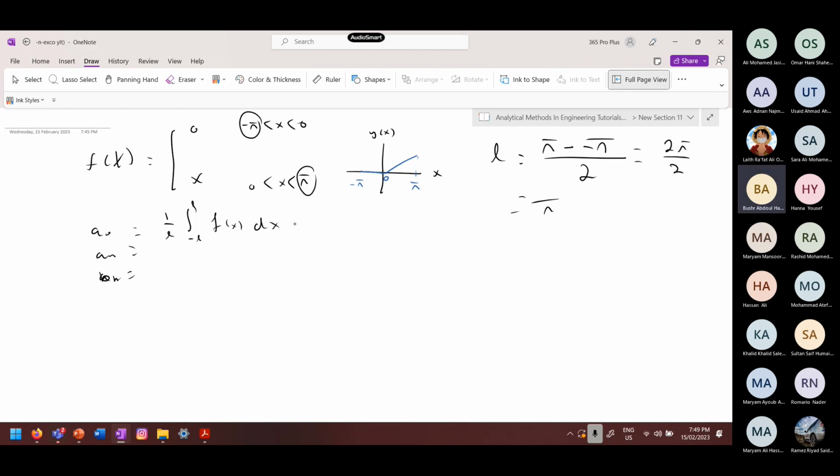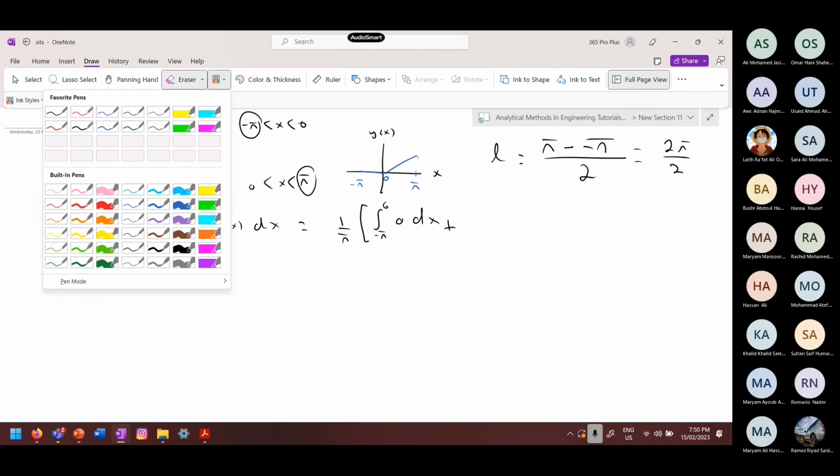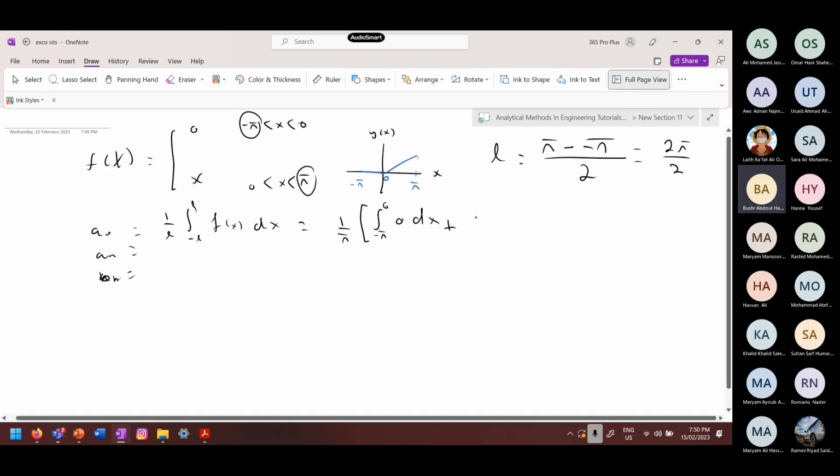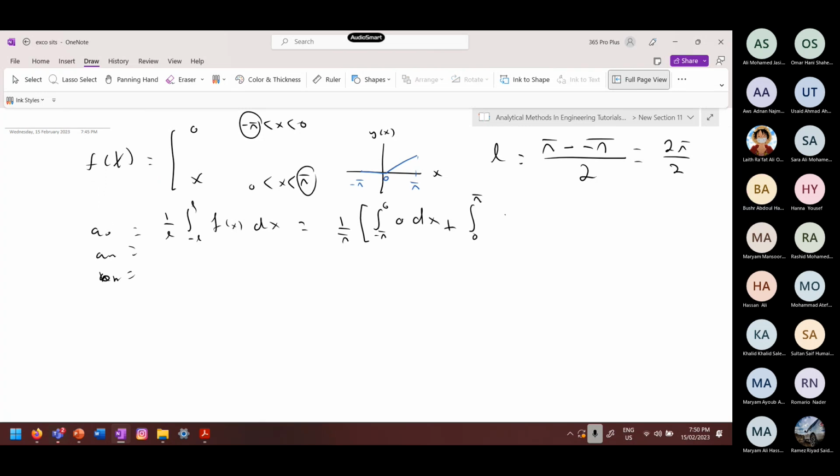Okay, 1 over L, negative L to L, will be equal to this function, and this is 1 over pi, open a bracket, negative pi to 0, 0 dx, plus 0 to pi x dx.